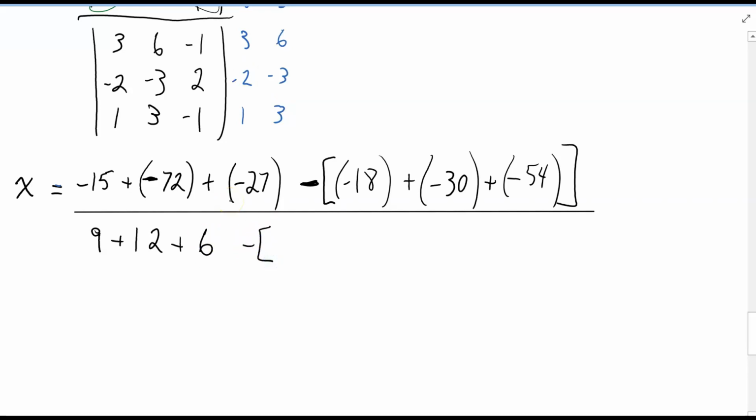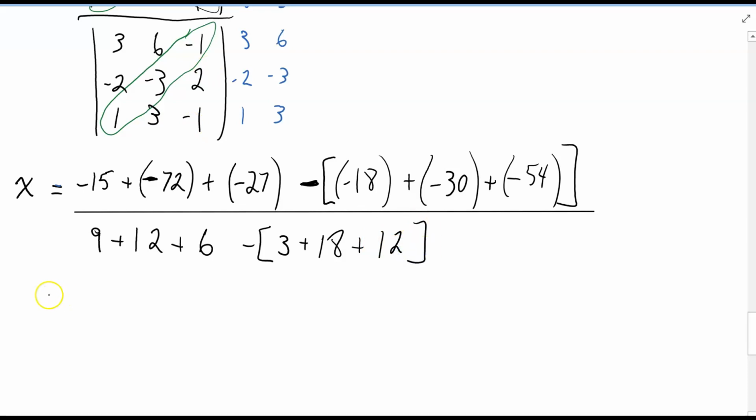Subtract from that the first secondary diagonal. And just to catch up with me there, I am there. This will be a +3. And the next one will be 3 times 2 times 3. So 18 plus, and the next one will be 6 times minus 2 times minus 1. That's positive 12.